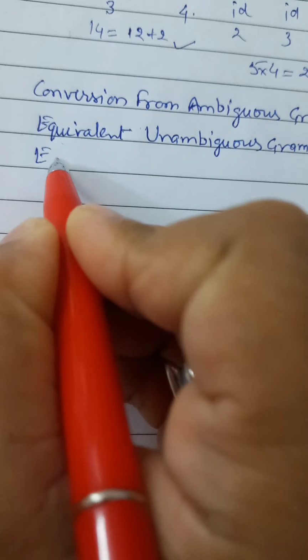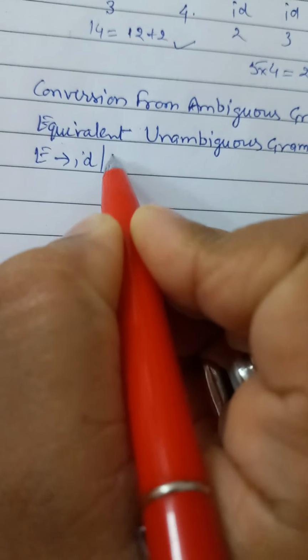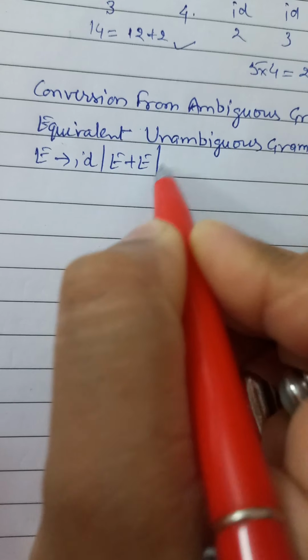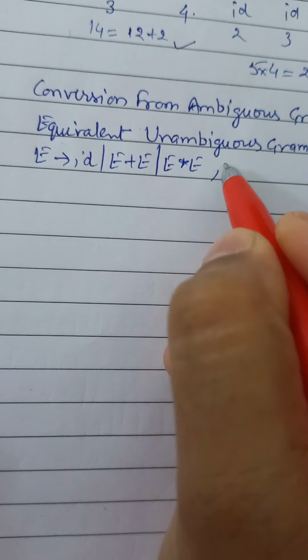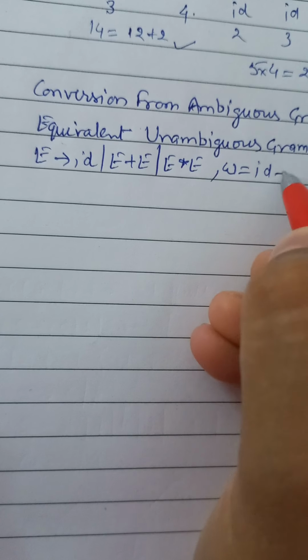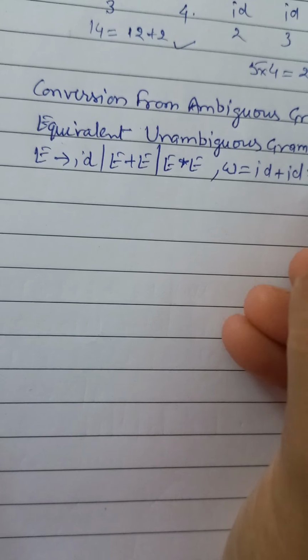Suppose we have this grammar, E goes to E plus E, E star E, id, and we have the same string id plus id star id.